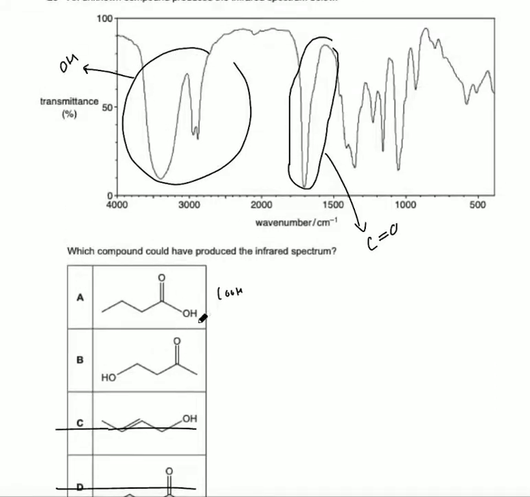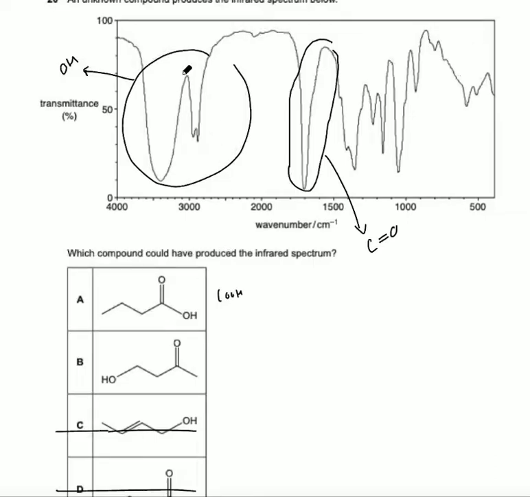Right. The difference here is this is a carboxylic acid, whereas this is an alcohol and it has a carbonyl group. So which one is it? If we go back to here and we remove this, there is something that will distinguish between an OH from a carboxylic acid group and an OH on its own.